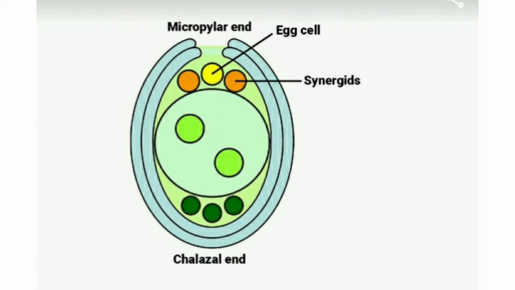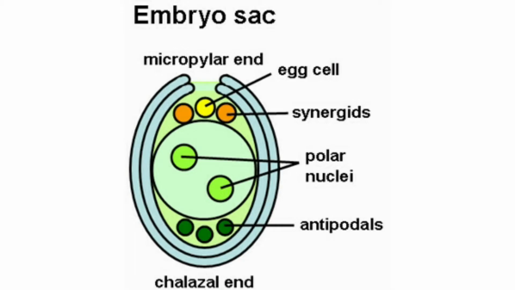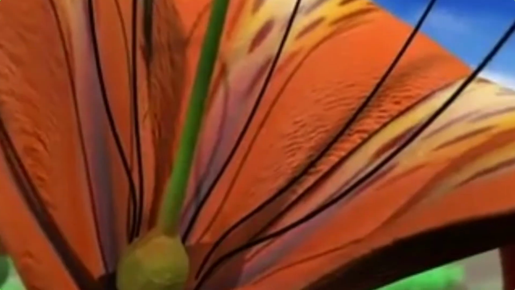Now the question comes to your mind, what is the micropylar end and what is the chalazal end, right? Let me discuss this. The chalazal end is the basal part of the ovule where the nucellus is fused. The micropylar end is a tiny opening in the ovule through which the pollen tube enters.